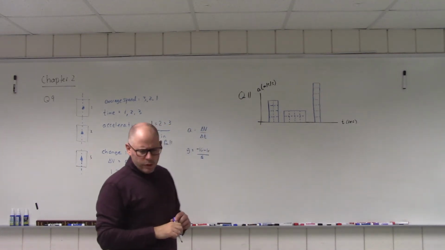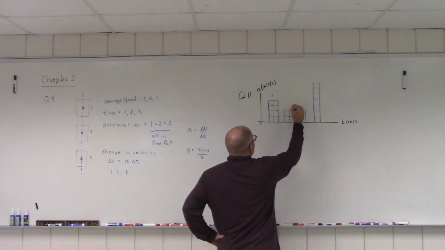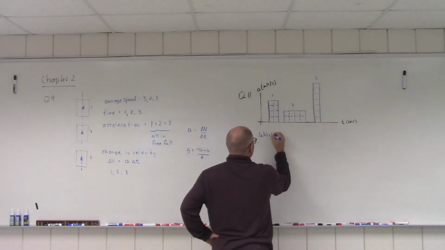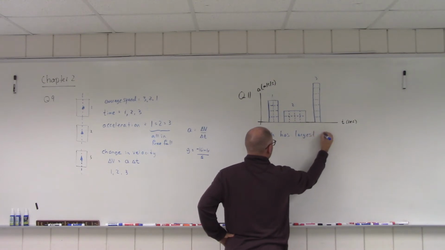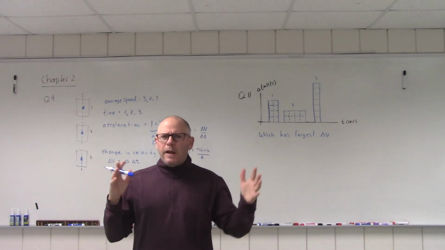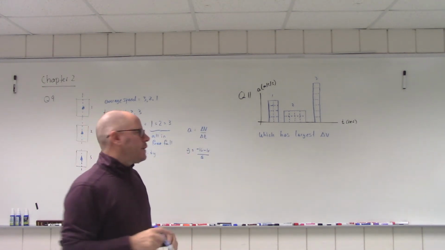All right, so these are 1, 2, and 3. This is number 1, this is number 2, this is number 3. It says, which has the largest? Now, I think in the text it says change in speed. But here, because they're all positive, the change in speed and the change in velocity are the same thing.